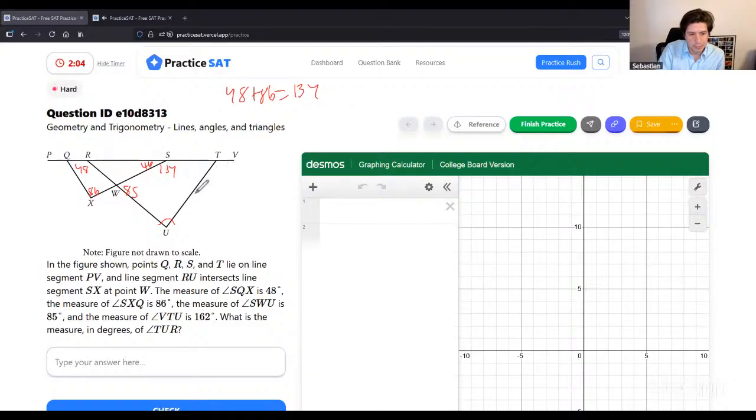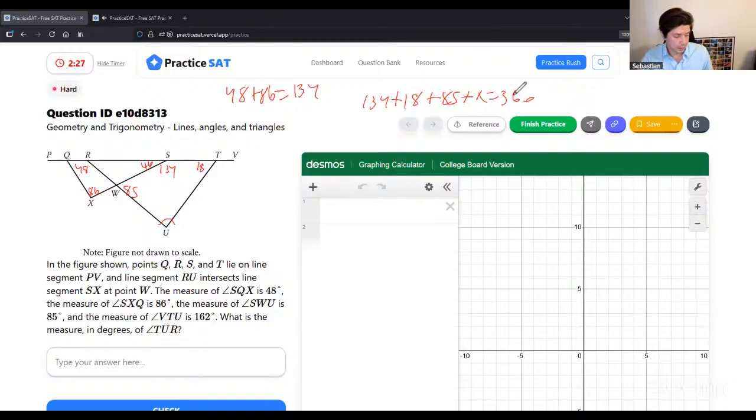And then we're told VTU is 162, so that means this is 18. So we have 134 plus 18 plus 85 plus X equals 360, since it is a quadrilateral.